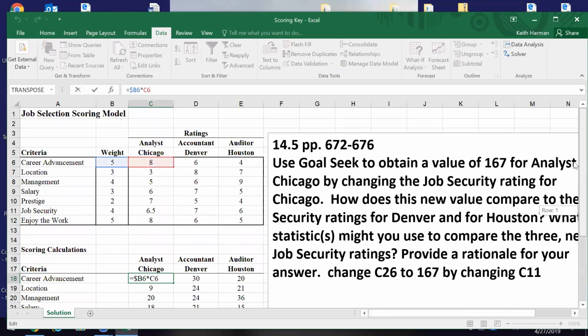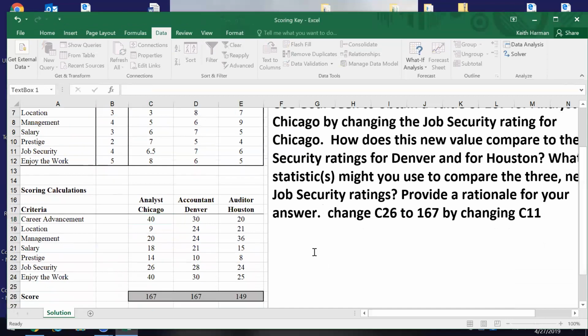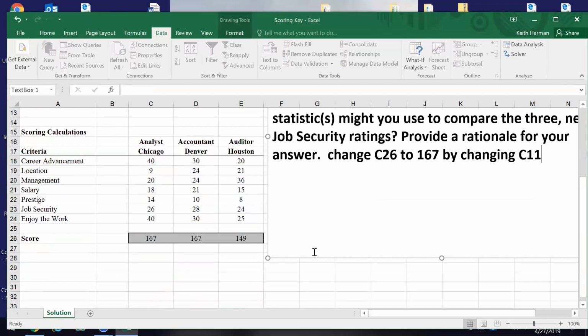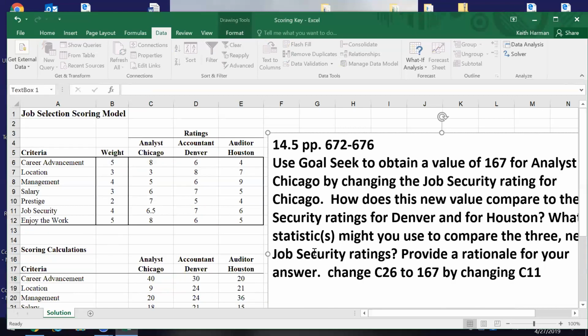We have B6, which is the weight for the career advancement, times C6, which is for the analysts in Chicago, and we get the score. Pretty simple. The math here is all simple. It's the setting it up and getting the criteria, etc.